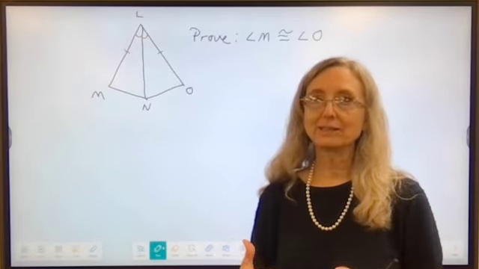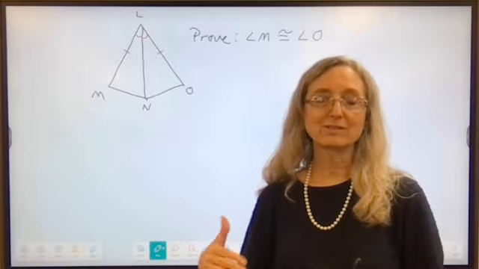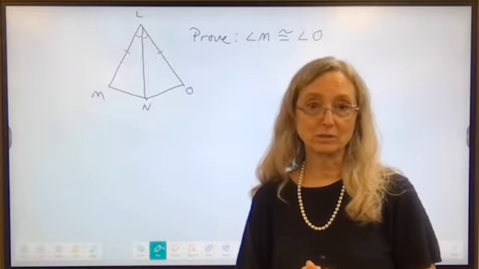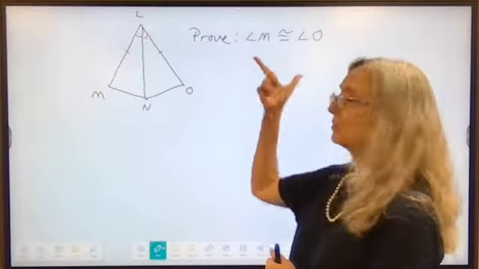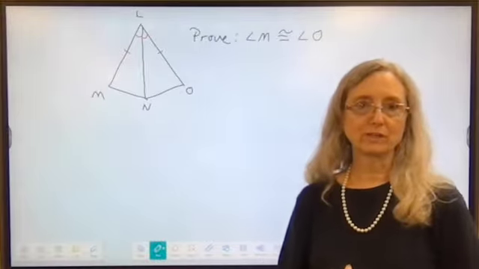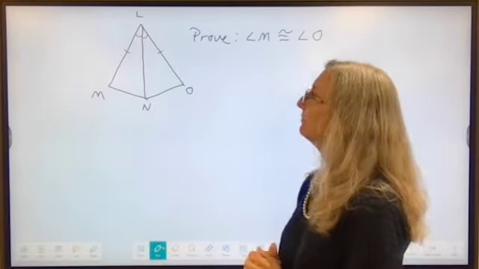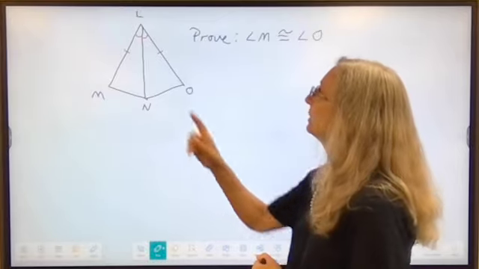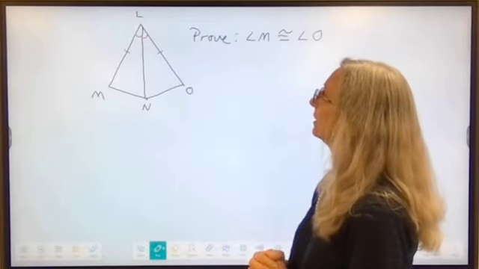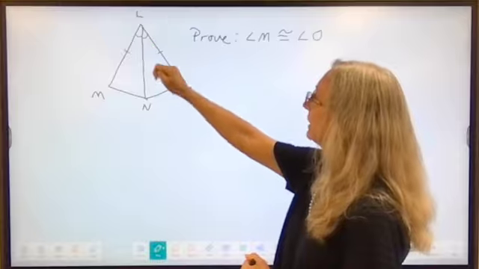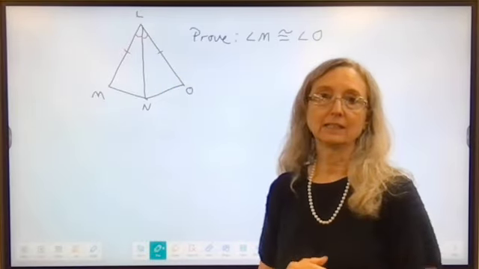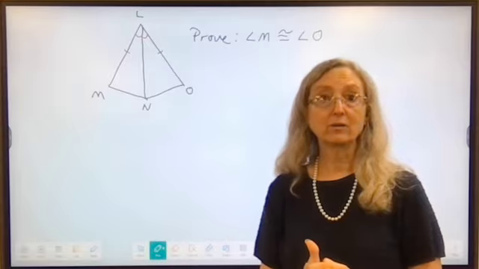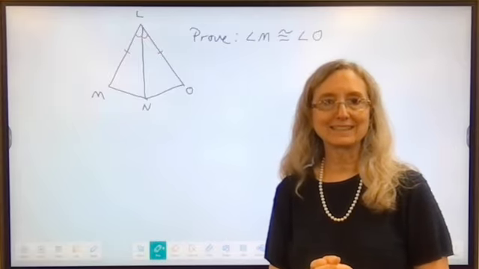And so automatically, remember, corresponding parts of congruent triangles are congruent. So in order to do this, we need to prove the triangles are congruent. Do we have enough information? We have ML and OL, and we have angle MLN and angle OLN. That's given in the diagram. So our first step is always to list the givens.